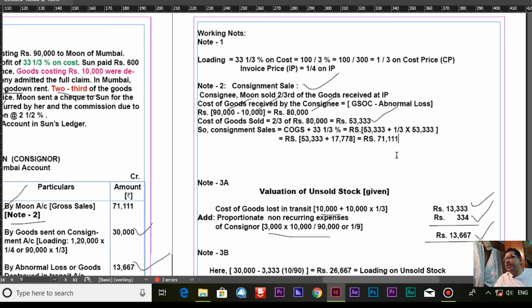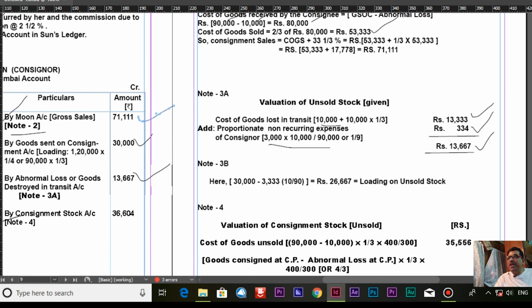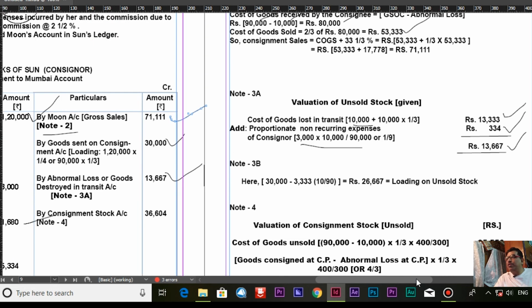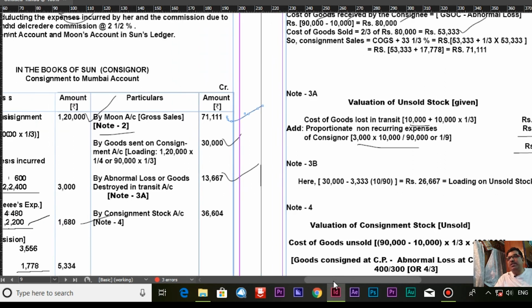Therefore, we get 71,111. It is the sale price. Therefore, we have to put this amount here by Moon account, gross sales or sale proceeds.